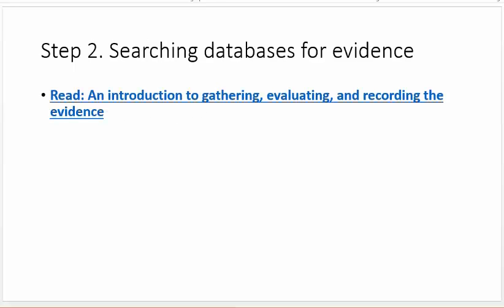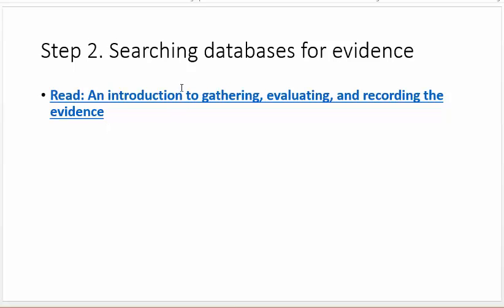Now in this second step, once we have our PICO, there's some good reference materials for you in this week's readings. I would highly recommend you read a few times the Arizona State University article. It's the first one of the critical appraisal articles.